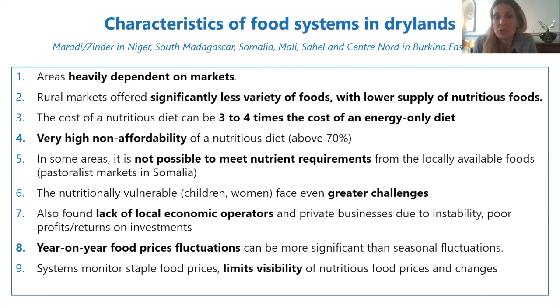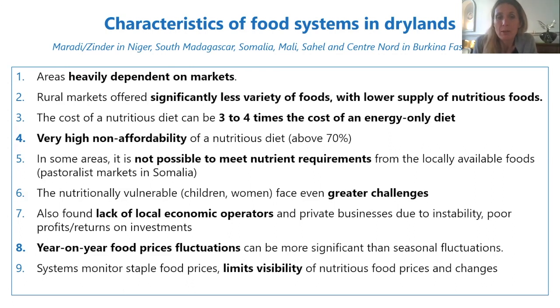The cost of a nutritious diet can be 3 to 4 times the cost of meeting energy requirements only. In the non-dryland context, a nutritious diet would probably be twice the cost of an energy-only diet.